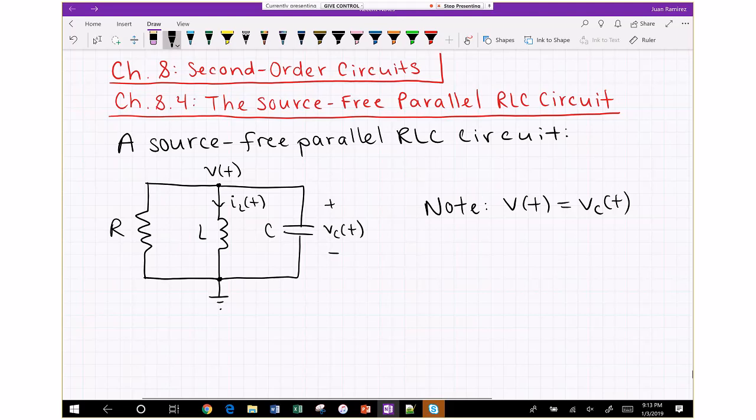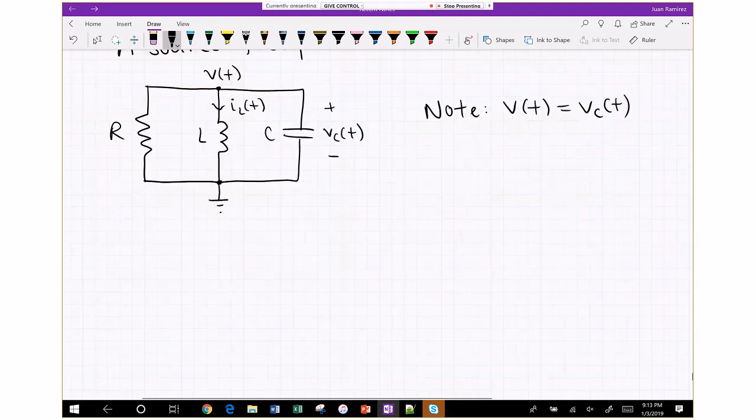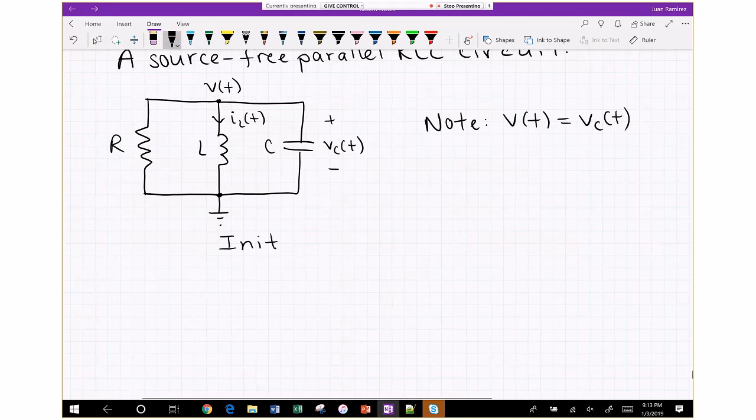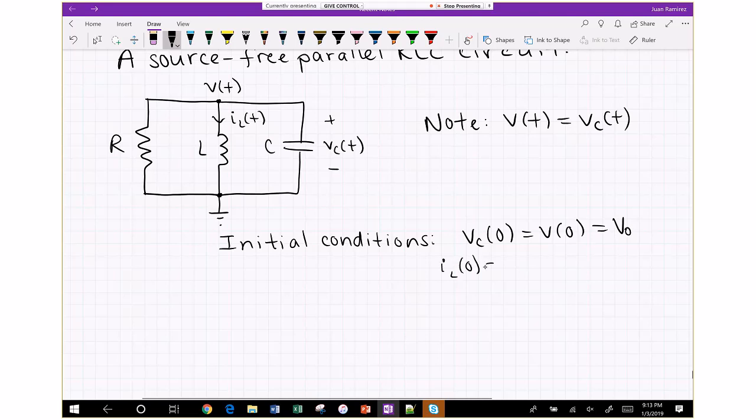As for initial conditions, we have the initial capacitor voltage we call V0, and we have the initial inductor current equal to I0.